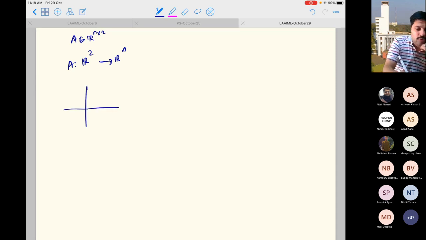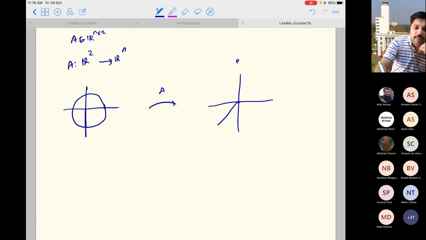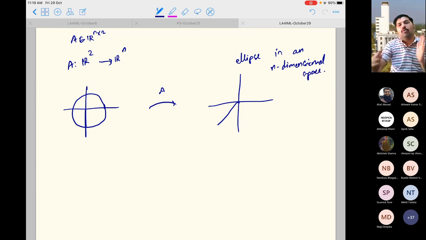So what is it going to do? It is going to take a unit circle in R2 and transform it into an ellipse in an n-dimensional space, right?